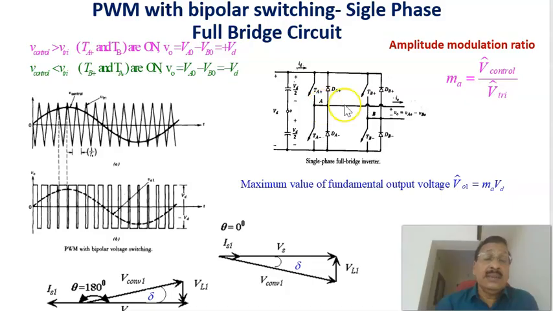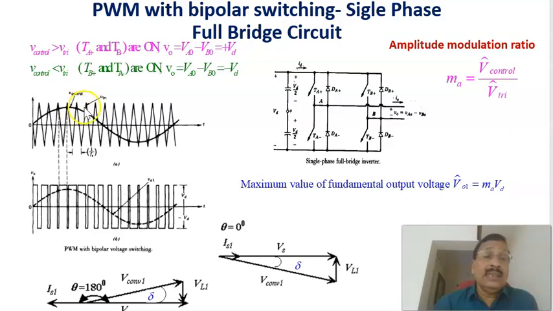In the PWM switching algorithm, there are two signals. A high frequency triangular signal is compared with a low frequency sinusoidal signal, which is called the reference signal, or sometimes the modulating signal. The triangular signal is the switching signal.